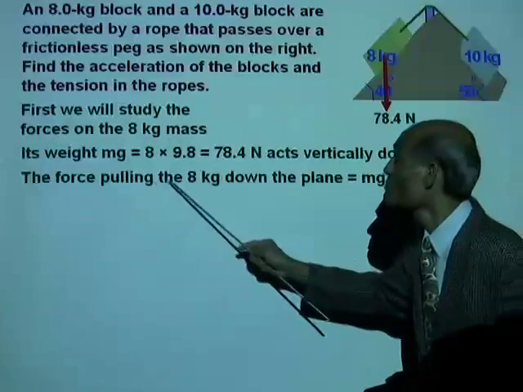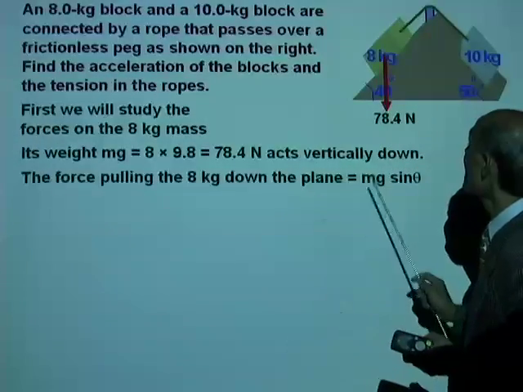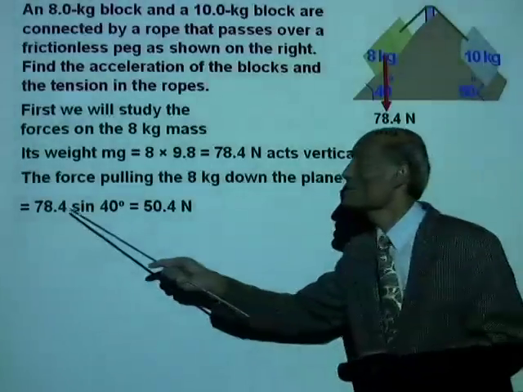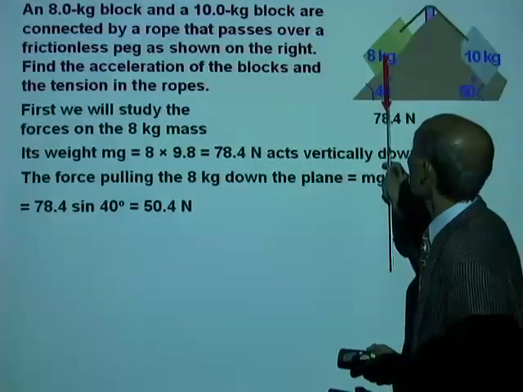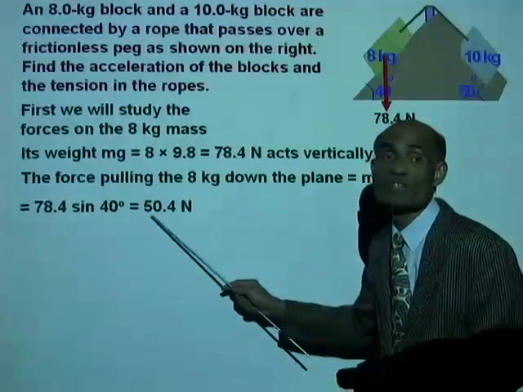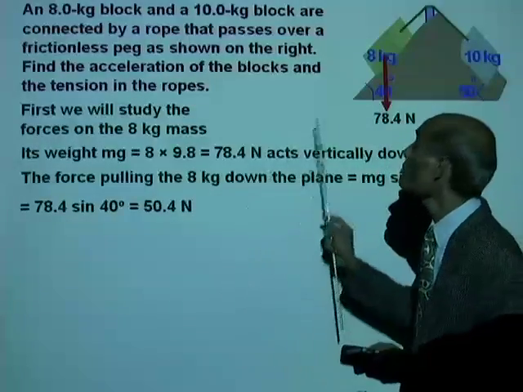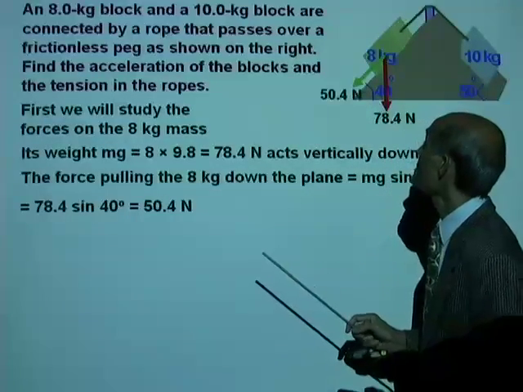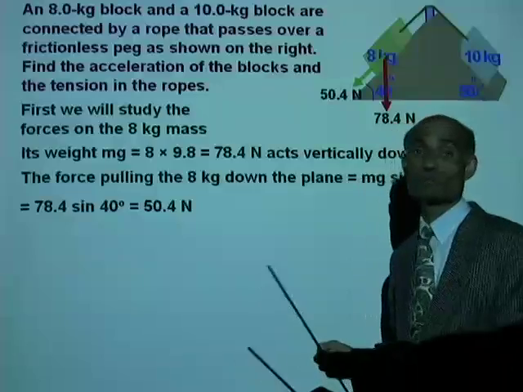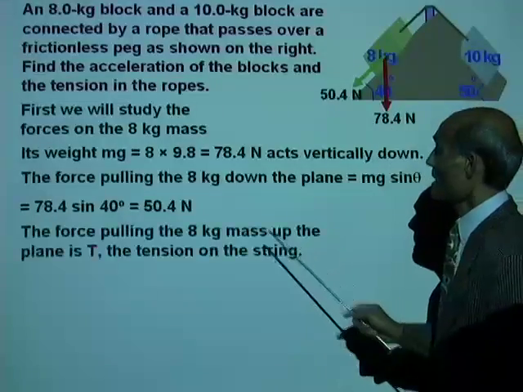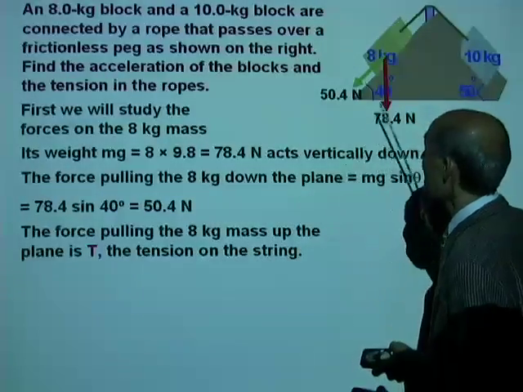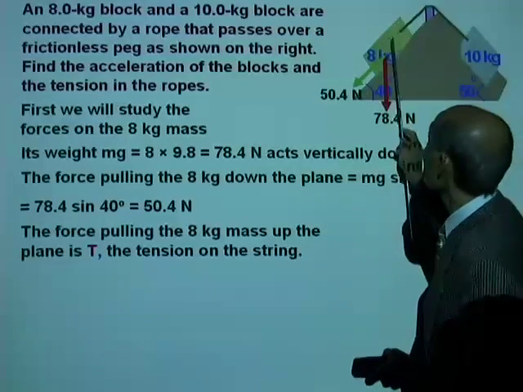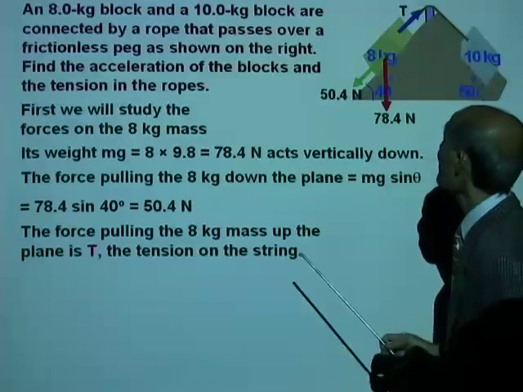Alright. The force pulling the 8 kilogram down the plane is mg sine theta, which is 78.4 sine 40 degrees. That is 50.4 Newton. The force pulling the block down the plane is 50.4 Newton. Now the force pulling the 8 kilogram up the plane is the tension T on the string.